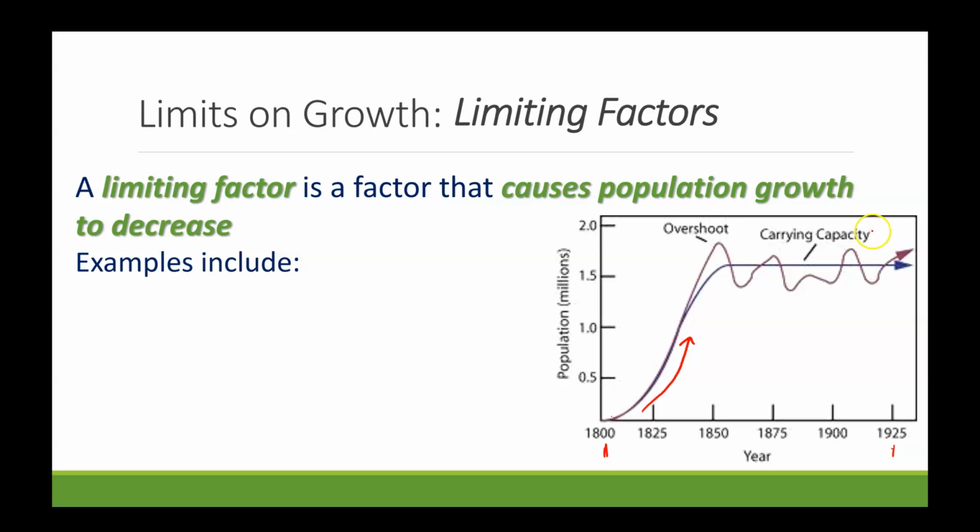You can see that we have our carrying capacity, or our K, up here, and there's a little bit of an overshoot to start with, but then at that point there are going to be limiting factors that drive this growth curve down.